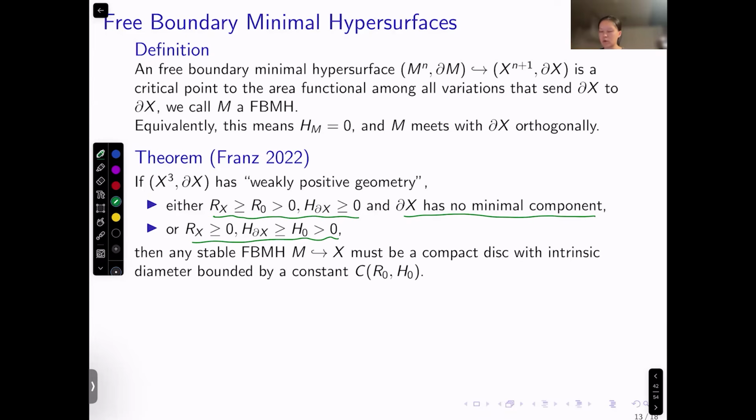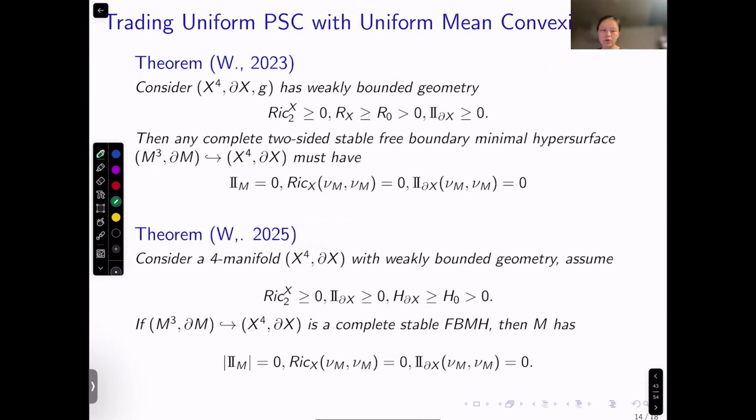So if you have a surface inside a 3-manifold, then you can give a bound of the diameter of this disk by a constant that only relates to the uniform bound you have in the ambient manifold. And we will talk about ideas of the proof for the free boundary case for the equivalent result.